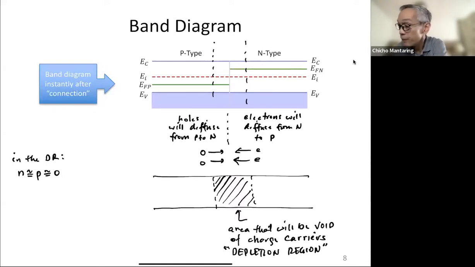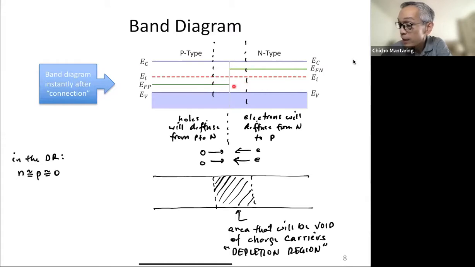Okay, on the other hand, the electrons that recombine with the holes in this particular region are going to leave the right side. Is it going to be positively charged or negatively charged? Kasi meron kang electrons dito, no? That recombined with the holes coming from here.